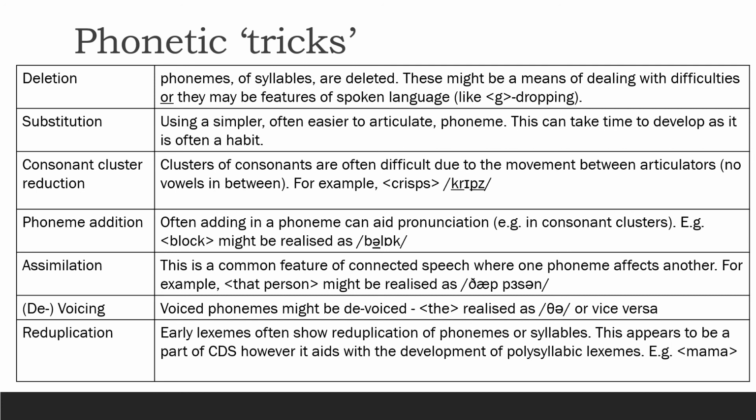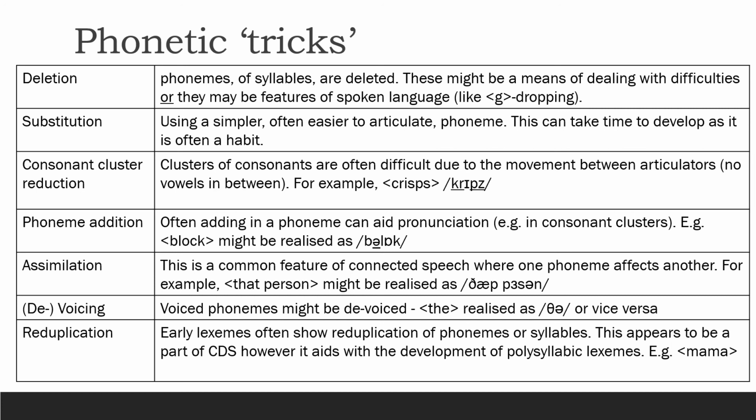Assimilation then is next. So this is also a common feature of connected speech. Remember, assimilation is where one phoneme affects another phoneme either before it or after it, or in close proximity to it. And here we've got that person becomes that person.